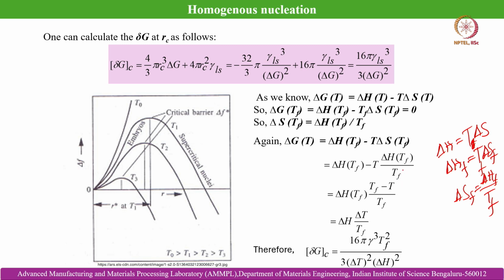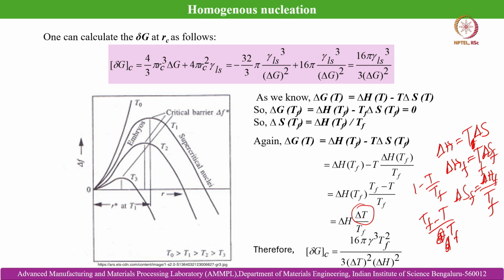If you take delta H as common, then you get 1 minus T by Tf, which becomes Tf minus T by Tf. Tf minus T is nothing but delta T. So, then we can very effectively write delta G is equal to delta H delta T by Tf, that is, the undercooling divided by the fusion temperature, times the enthalpy change delta H.